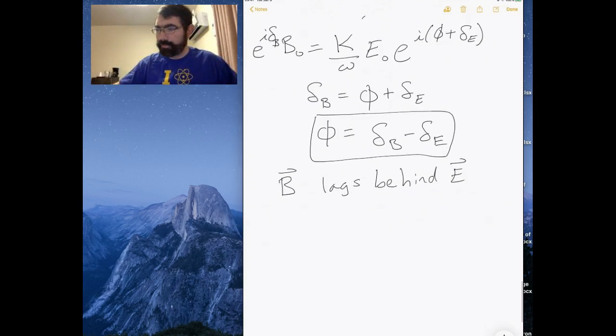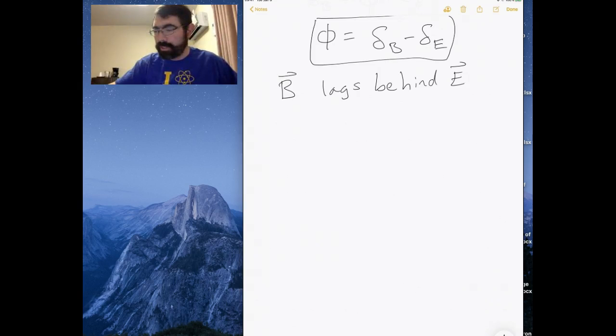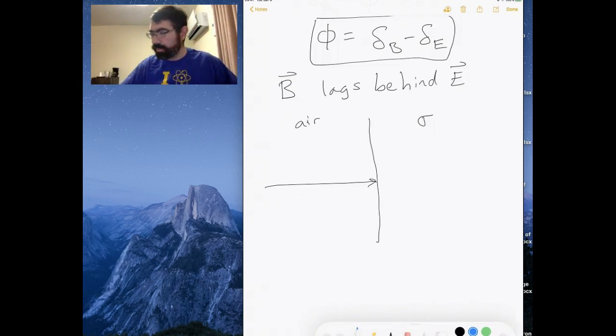Okay. So if I think about it, here is my interface. Here is my conductor right here. We're going to say this is just air or vacuum. And what you have is this wave coming at it, which has an electric field, and it has a magnetic field, like so.